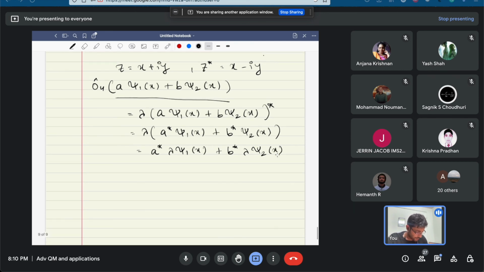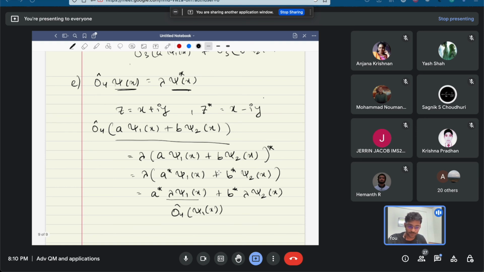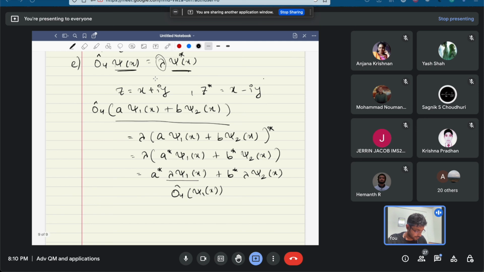So for this part you can write it as operator O4 of psi 1 x, right? Because the definition is in this form. If you have a psi of x, this is acting on psi of x, we get an additional lambda here and the psi star of x. Sorry, there were conjugates on this too.